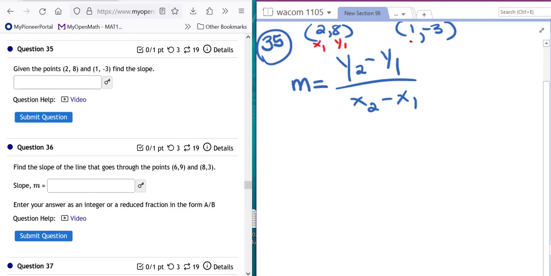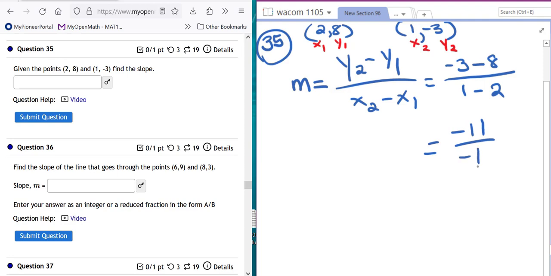Every point gets an x and a y. x2, y2. If you labeled them different, it's okay. Just you have to go in the right order. So y2 is negative 3 minus y1 over x2, 1 minus x1 gives me a negative 11 over negative 1, which will clean up and give me 1.